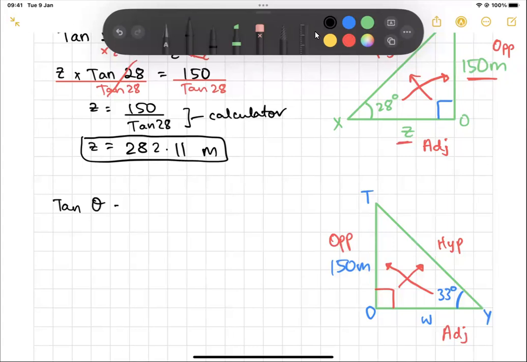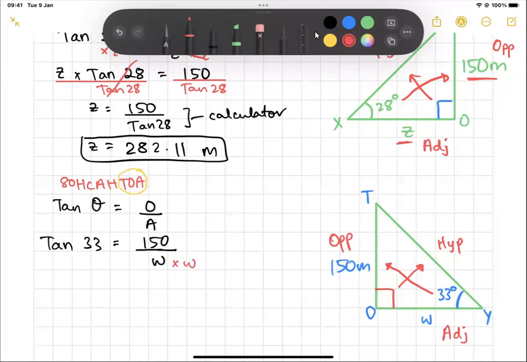So it's tan theta equal to O over A. If it makes it hard for you, just write down SOHCAHTOA, identify which one you need to use, and then write it down.